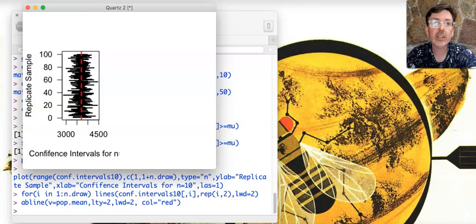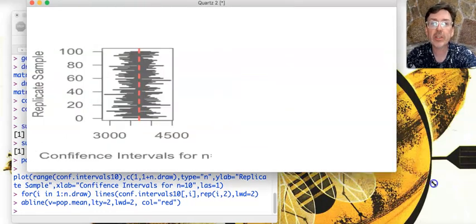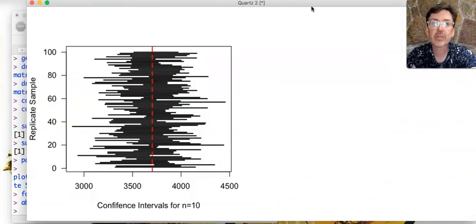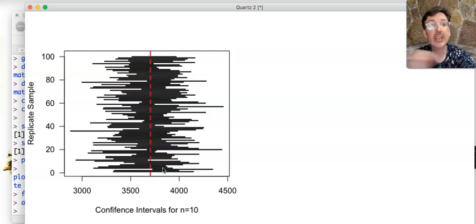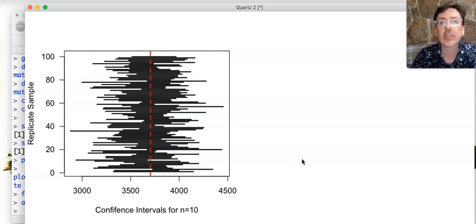And as you can see here, I make this nice and big, that of the 100 trials that we did, only 2 of them missed. So if the red line and the black line intersect, it means that the true mean was captured inside that confidence interval. Only 2 times it wasn't.